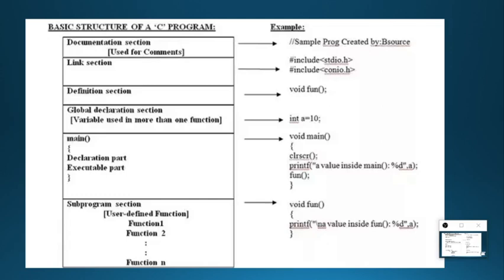When you declare something in the global declaration section, it will affect both the main function and the subprogramming function. Next is the main function. Again, the main function contains two parts, the declaration part and the execution part. And the next is the subprogramming section, and in this section we will have user defined functions.